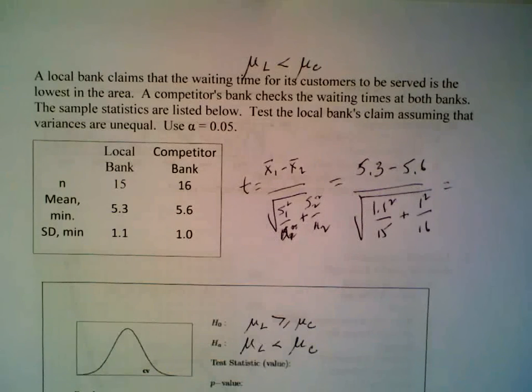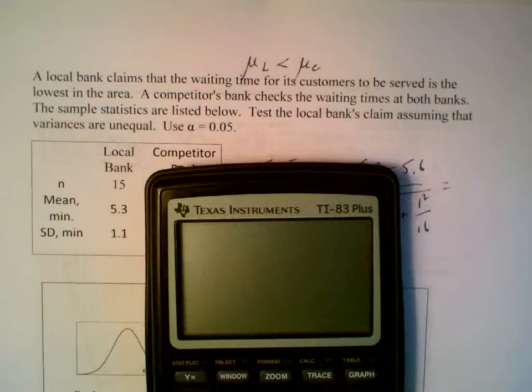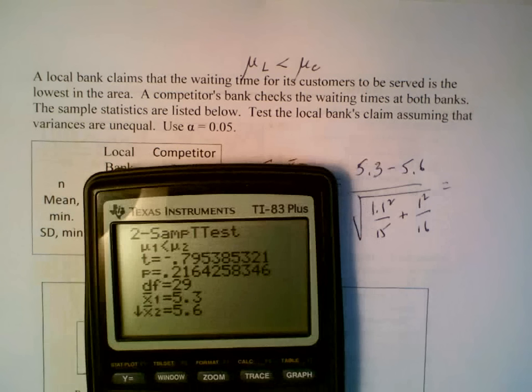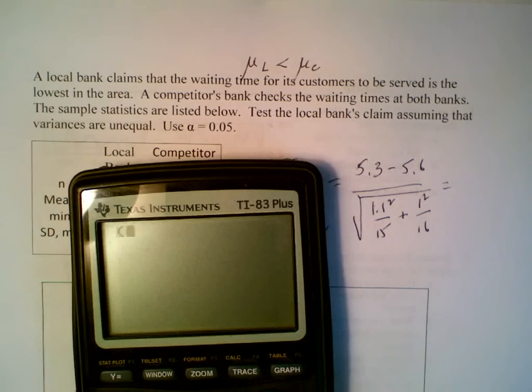And the calculation is as follows. Paren, 5.3 minus 5.6, paren, divided by the square root of 1.1 squared divided by 15 plus 1 squared, which is 1 divided by 16, paren.